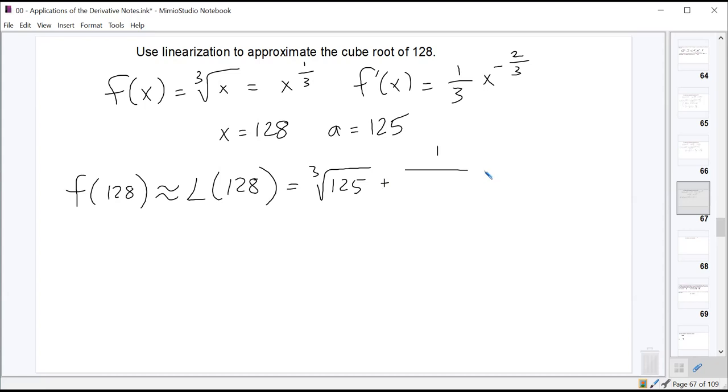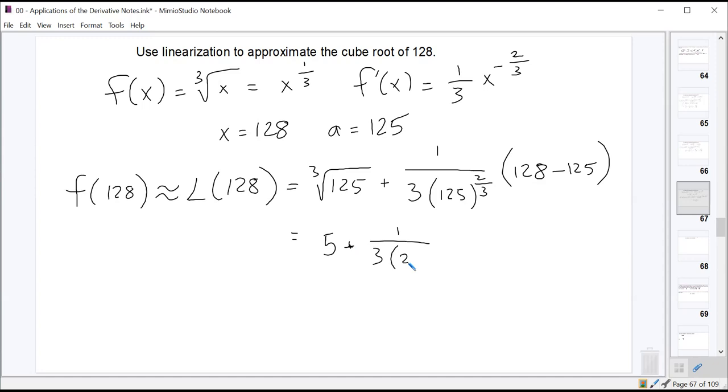So that's 1 over 3 times 125 to the 2/3 power times x minus a. And so now we can just go ahead and evaluate this. The cube root of 125, as we know, is 5, plus 1 over 3 times 125 to the 2/3 power. Well, for 125 to the 2/3, we'll cube root the 125 first, giving us 5, and then square it, which is 25.